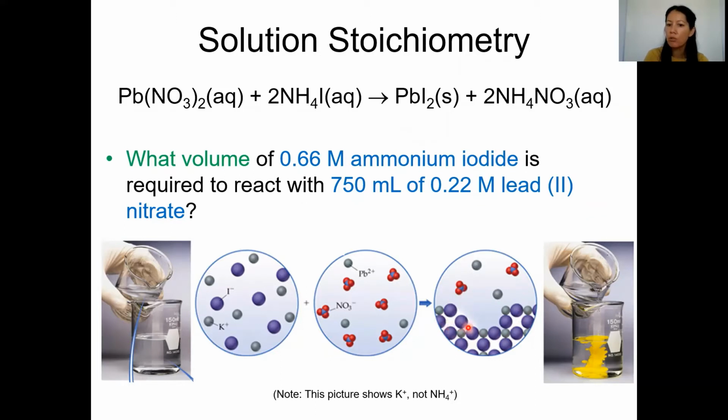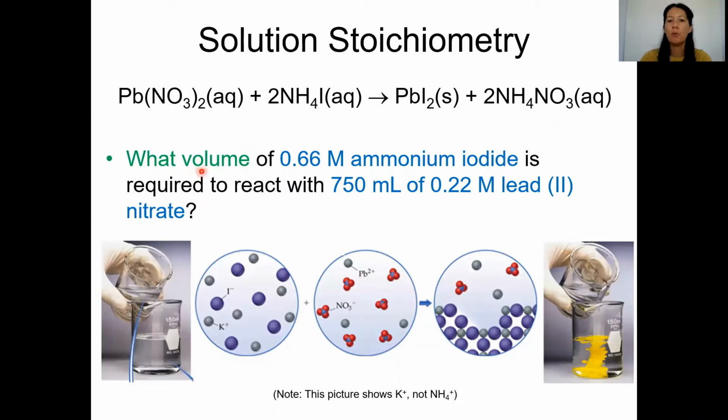You see this alternating array of cation and anion. Notice that's what makes that solid. You should be able to draw something like that. And then the spectator ions are still floating around in solution, the ammonium and the nitrate. Okay, so the type of problem you'll encounter is something like this.